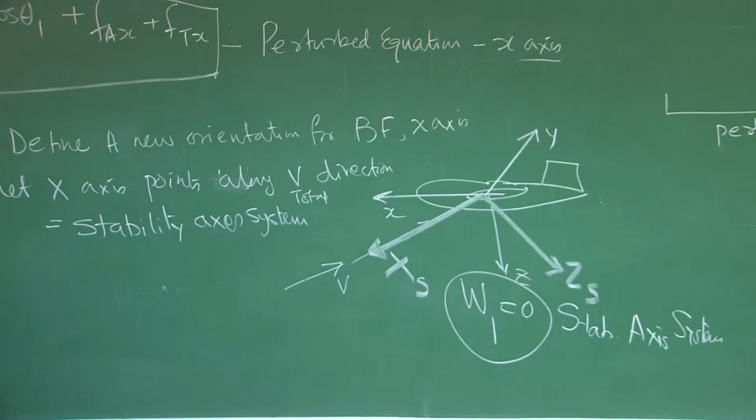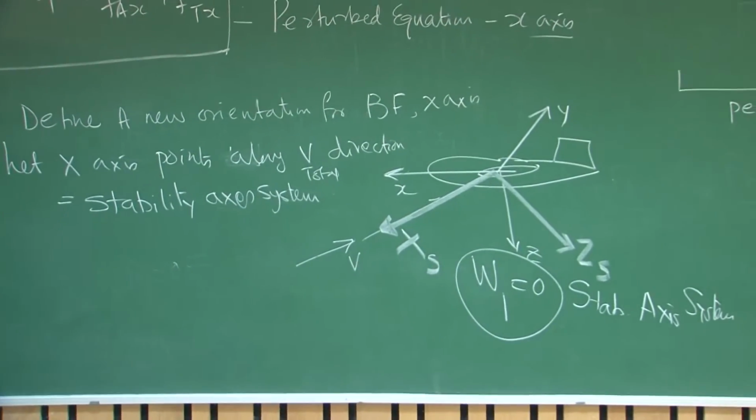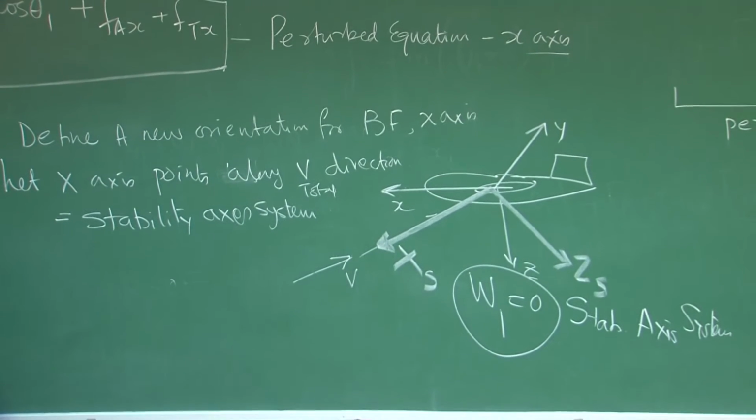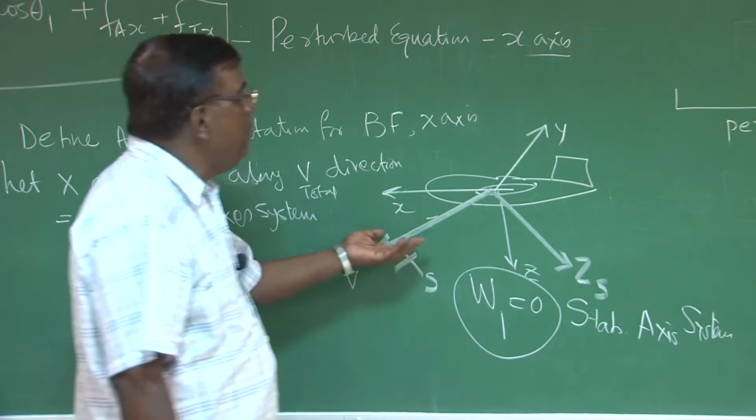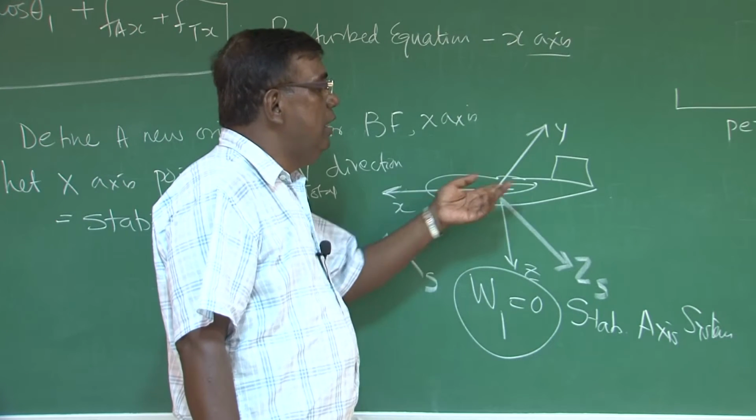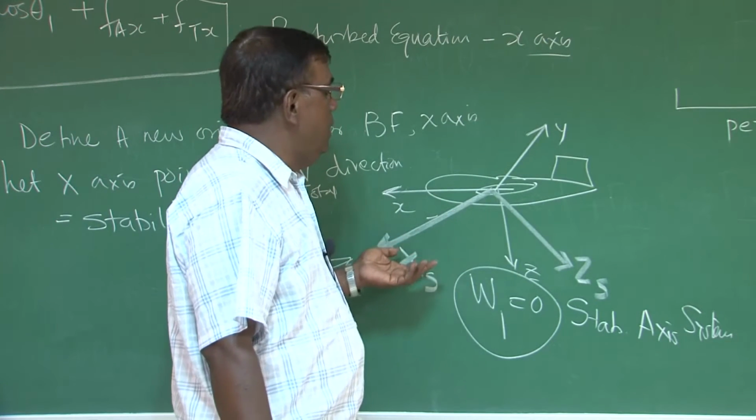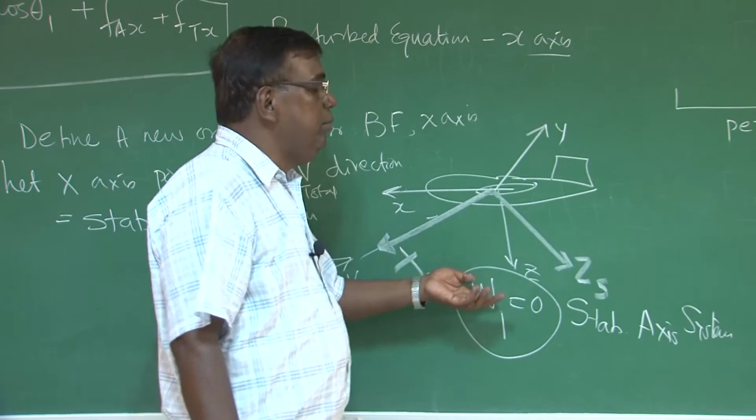What are the two advantages we get as far as aerodynamic computation or manipulation is concerned? We know lift will be perpendicular to this axis and drag will be like this. Similarly, another advantage is that W1 becomes 0.